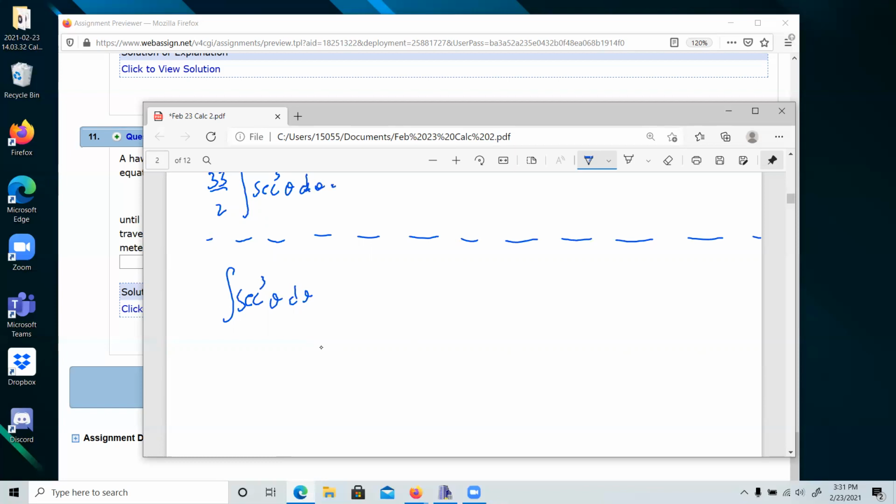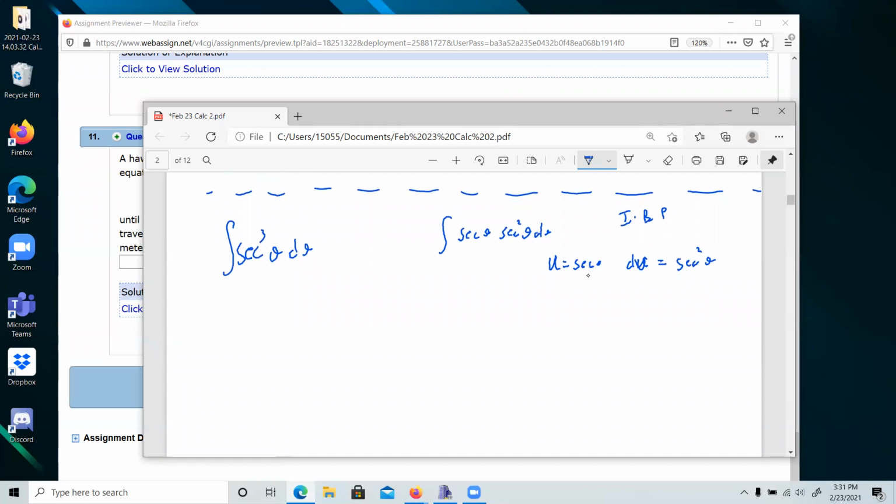Okay, so we're going to say that this is the integral of secant theta times secant squared theta. So now we could say something clever like u is equal to secant theta, dv is equal to secant squared theta d theta. This is integration by parts. Okay, so I missed integration by parts. I wonder when it was going to come back.